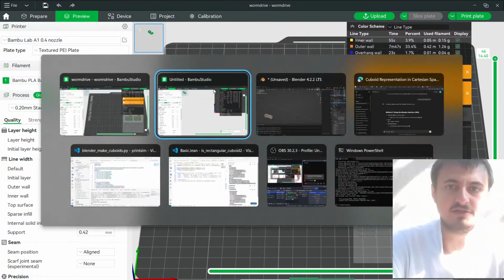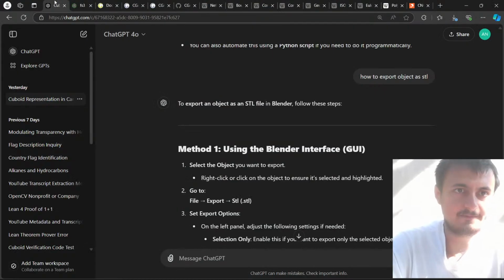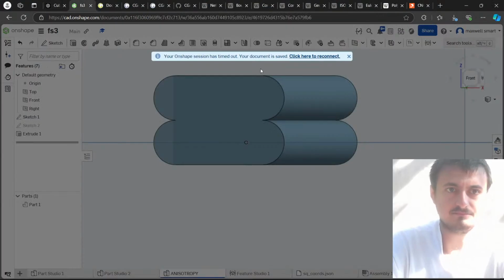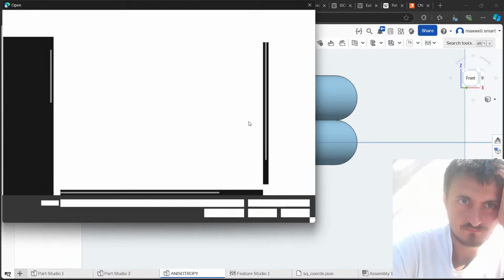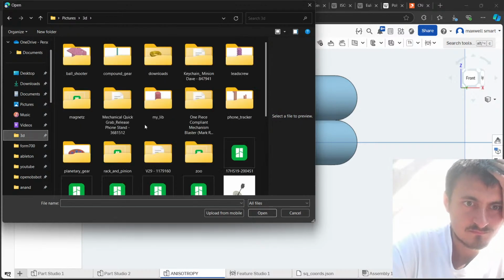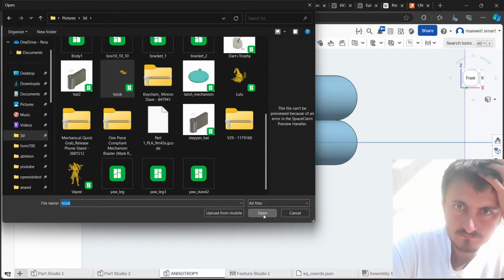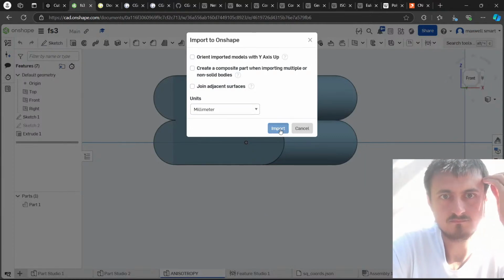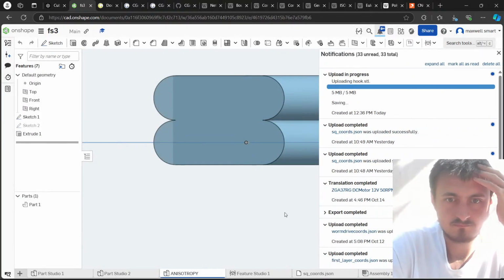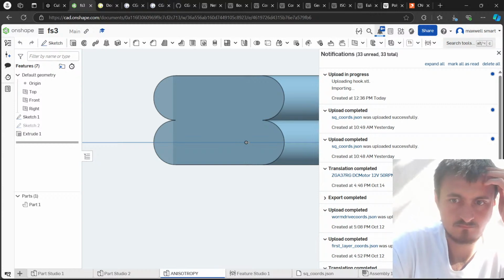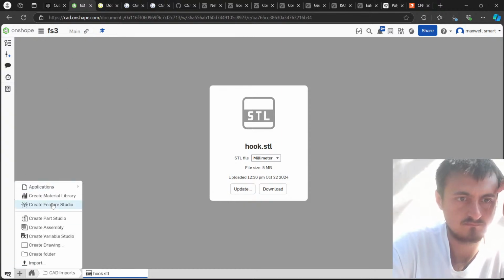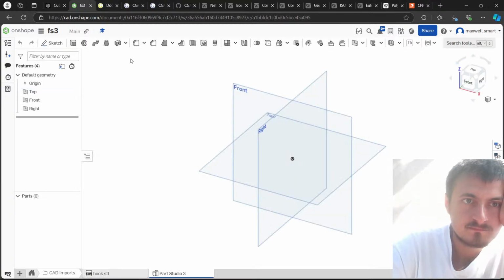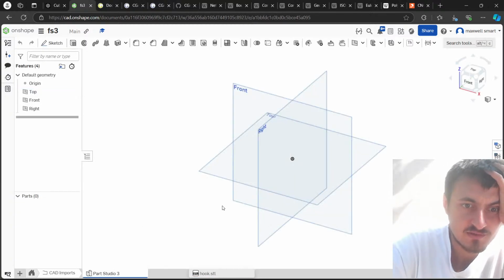Okay, let's just get it into Onshape. How do we put this in here?